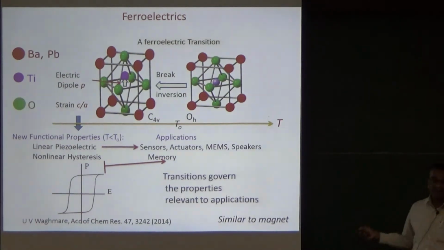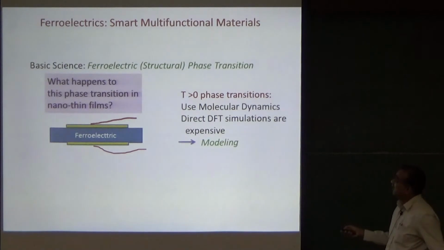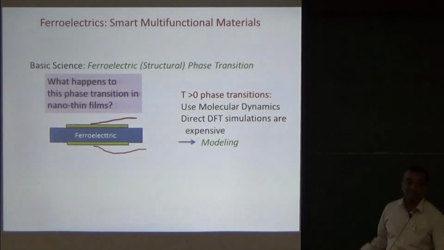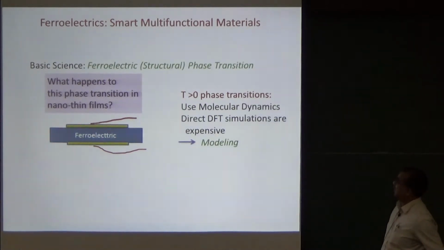So the fundamental message here is that phase transitions govern the functional properties relevant to applications, similar to magnets. Our question now is what happens to these phase transitions, which are very fundamental to the functionality of a material, when you have that material in thin film form, which is what is typically used in technological applications.